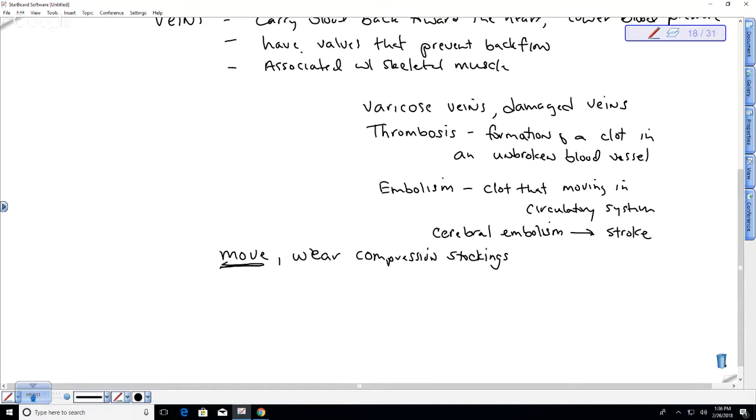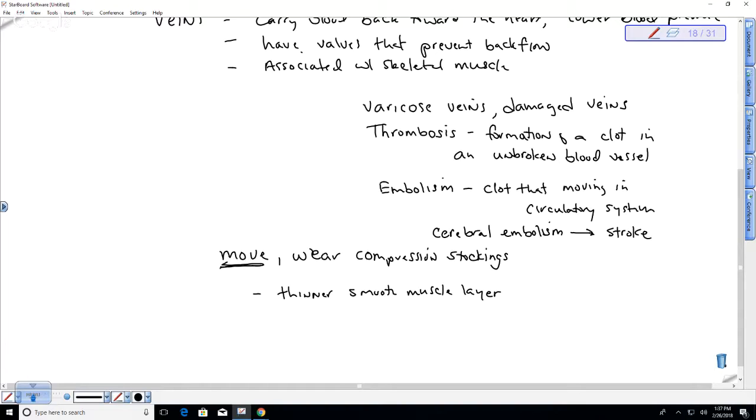Okay, so the veins have a thinner, smooth muscle layer. And they really do not shunt blood, right? Their goal is to just get the blood back to the heart so it can be pumped out to the lungs and pick up oxygen and get rid of CO2.